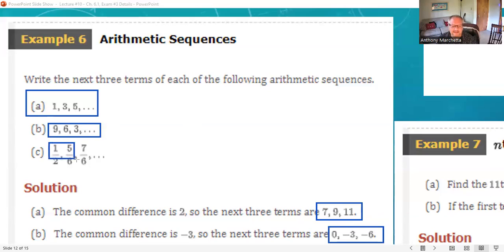And then this one. This one's kind of ugly. How do I deal with something like that? Well, notice the denominators are 6s. Can I rewrite 1/2 somehow so that it looks like that? Of course I can. 1/2 is also known as 3 sixths, isn't it? So 3 sixths, and then 5 sixths, and then 7 sixths, and then guess what comes next: 9 sixths.